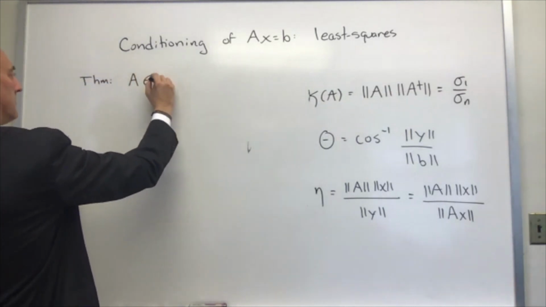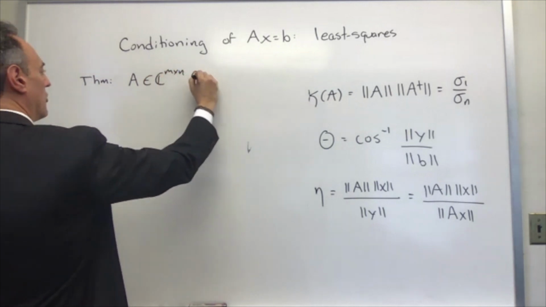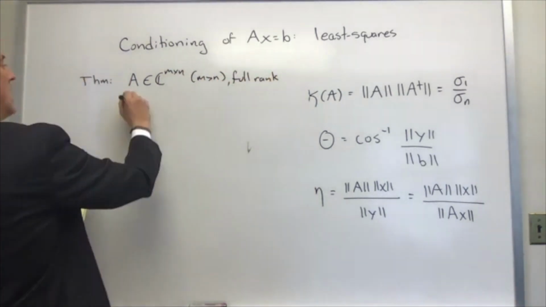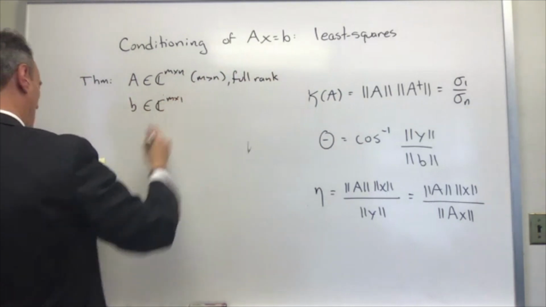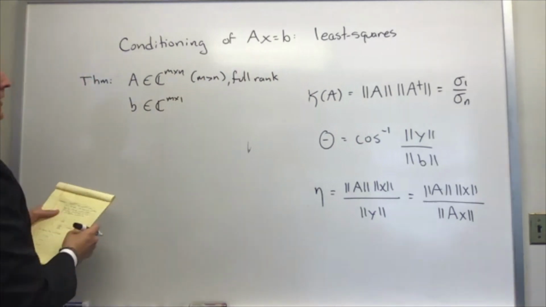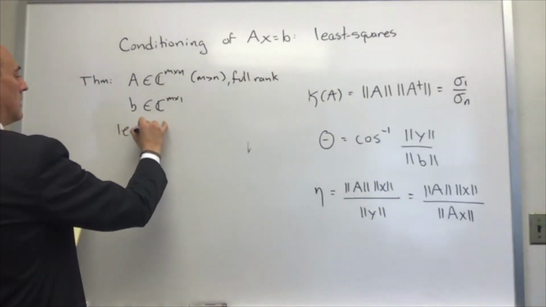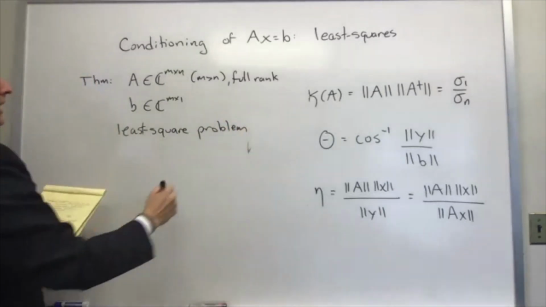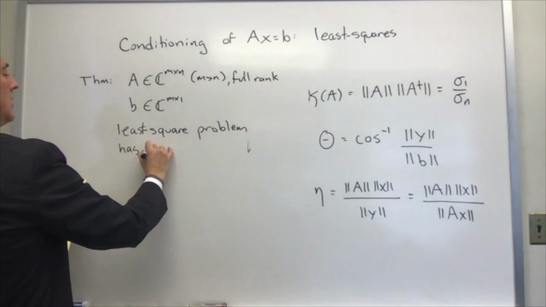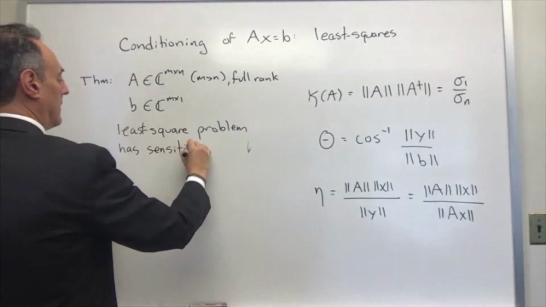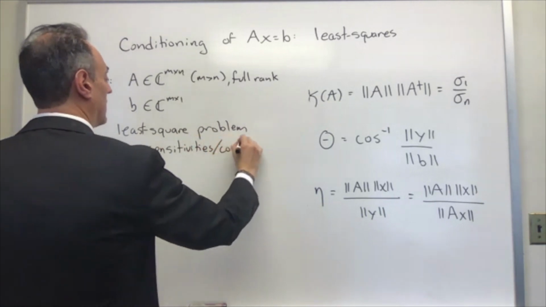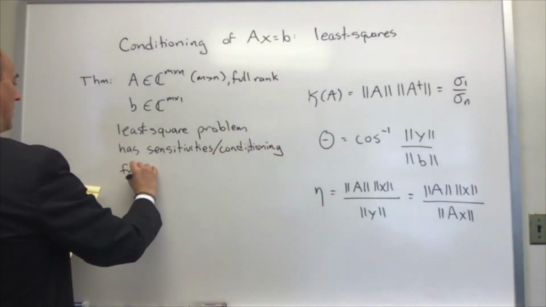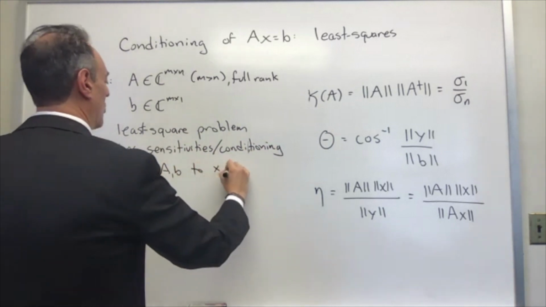So if A is some m by n, so m is bigger than n, and it's full rank, and B is m by 1, the least square problem has the following sensitivities or conditioning from AB to XY.